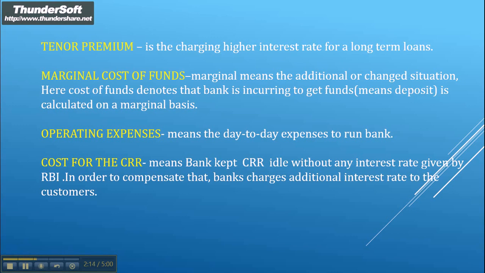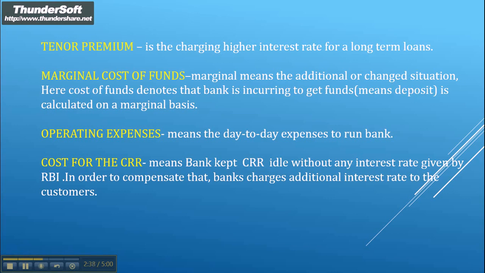The tenor premium is nothing but charging a higher interest rate for long term loans. Marginal cost of funds: marginal means additional or changing situation. Here the cost of funds denotes what banks incur to get funds, that is deposits, calculated on a marginal basis. What are operating expenses?